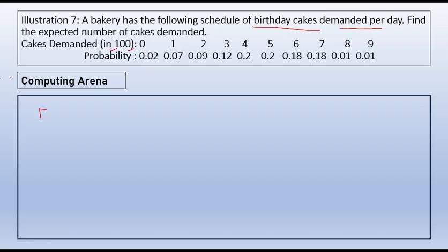So we have to compute the expectation. We have the probability distribution before us, no need to write it. Let us write the formula. So this is pi into xi, that is given to you.